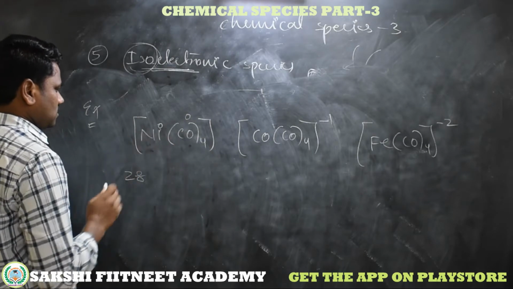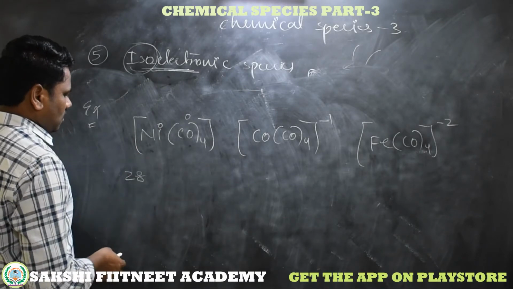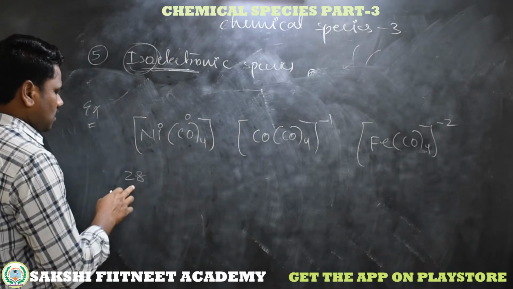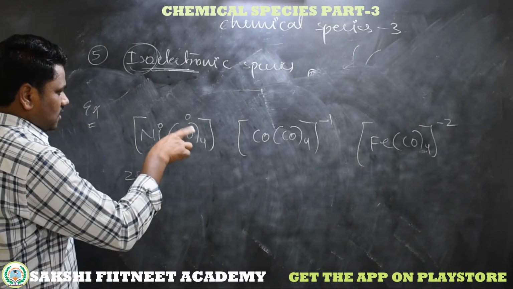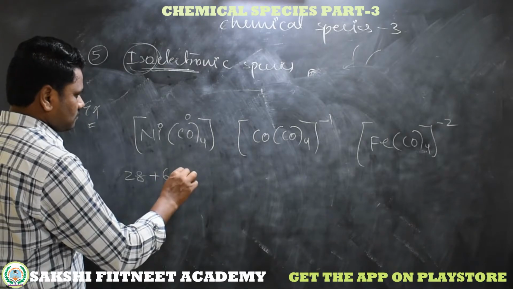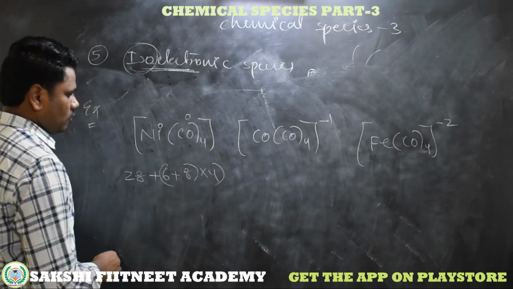So I am taking the total number of electrons as it is, 28, that is 4s2 3d8 valency, but we are taking the total electrons, 28, plus carbonyl: carbon 6 plus oxygen 8, into 4.